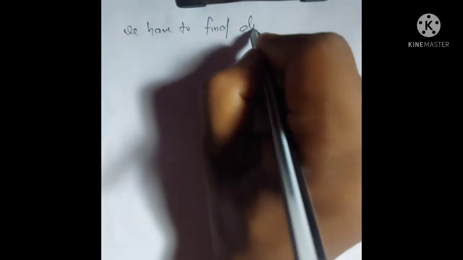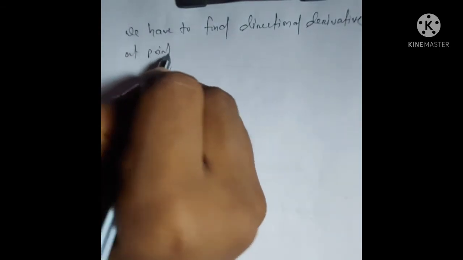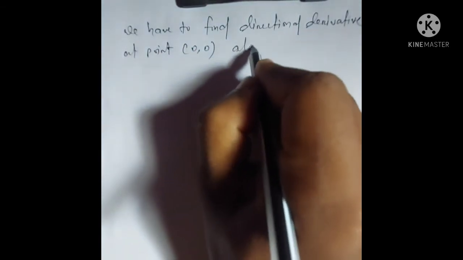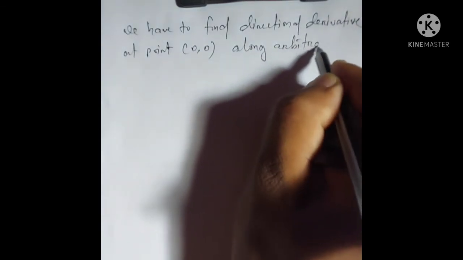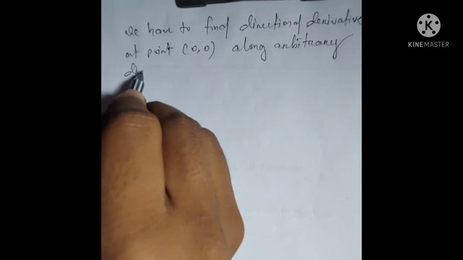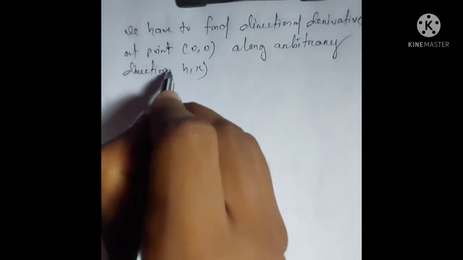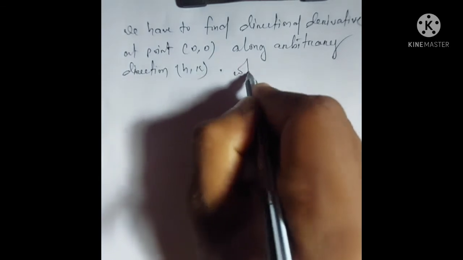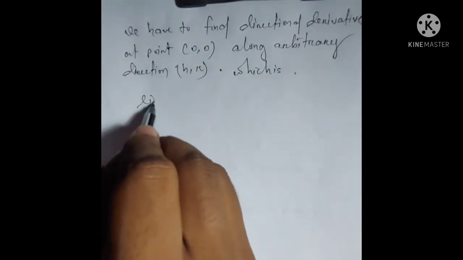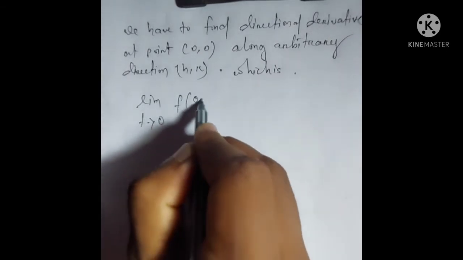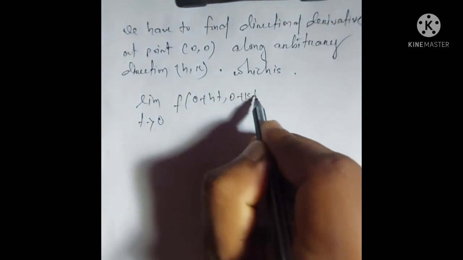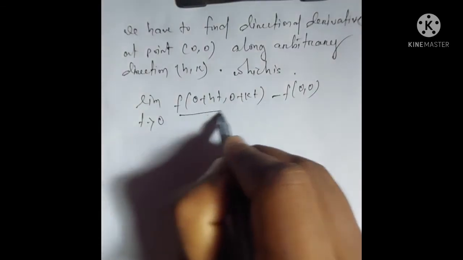For this, we have to find the directional derivative at the origin along an arbitrary direction (h,k), which is the limit as t tends to 0 of [f(0 + ht, 0 + kt) − f(0,0)]/t. This is equal to the limit of [(ht)² − (kt)²]/[(ht)² + (kt)²] − 0, all divided by t.